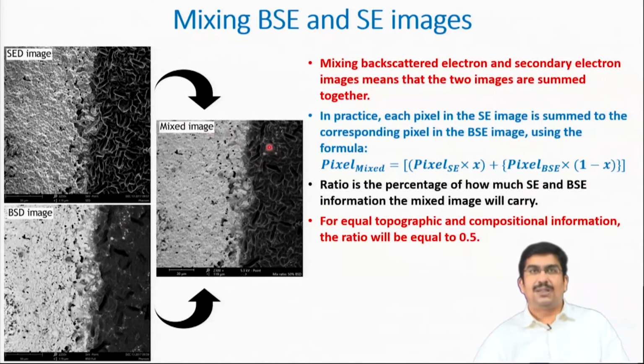If you mix both of these, now you know that some of them are spherical, some are irregular, and they are of certain elements. Whatever element this phase is, it extends all the way up to the next one. So, this kind of information we can generate by mixing the SE and BSE signals here.